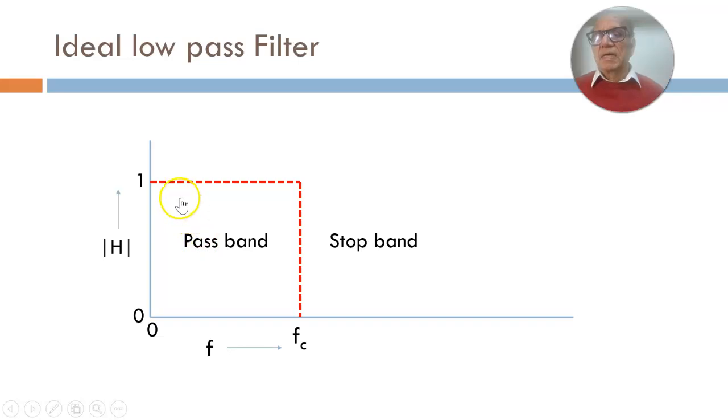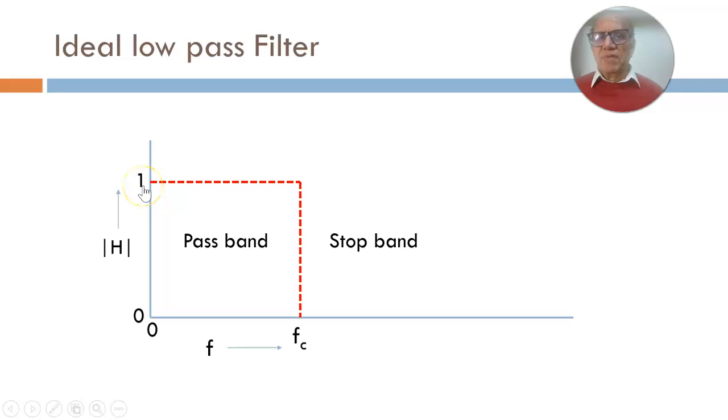Alright. Now ideal low pass filter means what? All signals having frequencies below the cutoff frequency are passed. So this band of frequencies lying between 0 and Fc is called the pass band. And since this is an ideal filter, the gain in the pass band is perfectly constant.